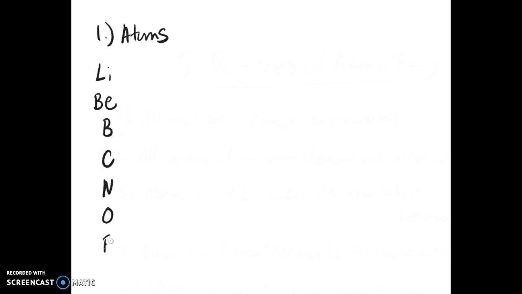Now, as far as the first one goes, talking about atoms. These are based on the valence electrons that are available for bonding. So let's just take the first couple of elements going across: lithium, beryllium, boron, carbon, nitrogen, oxygen, fluorine, and neon.